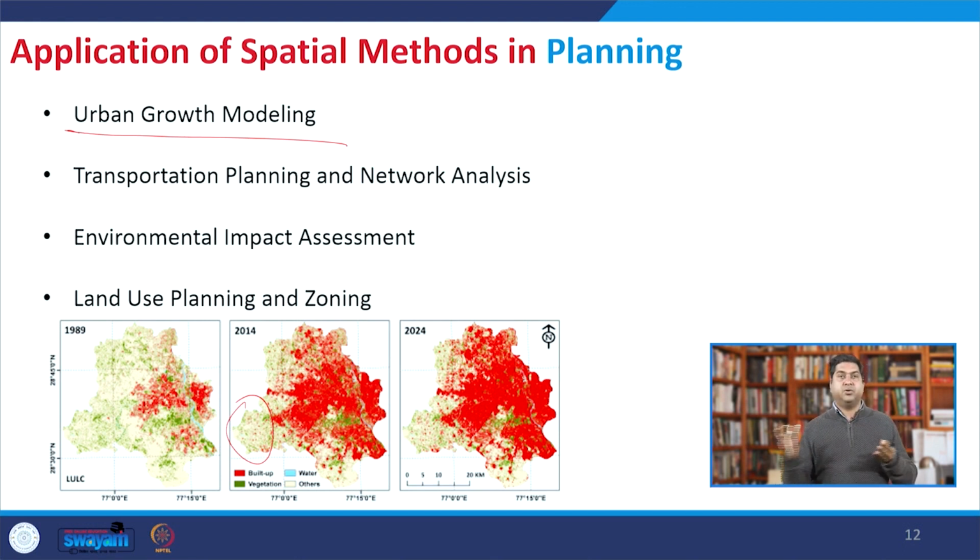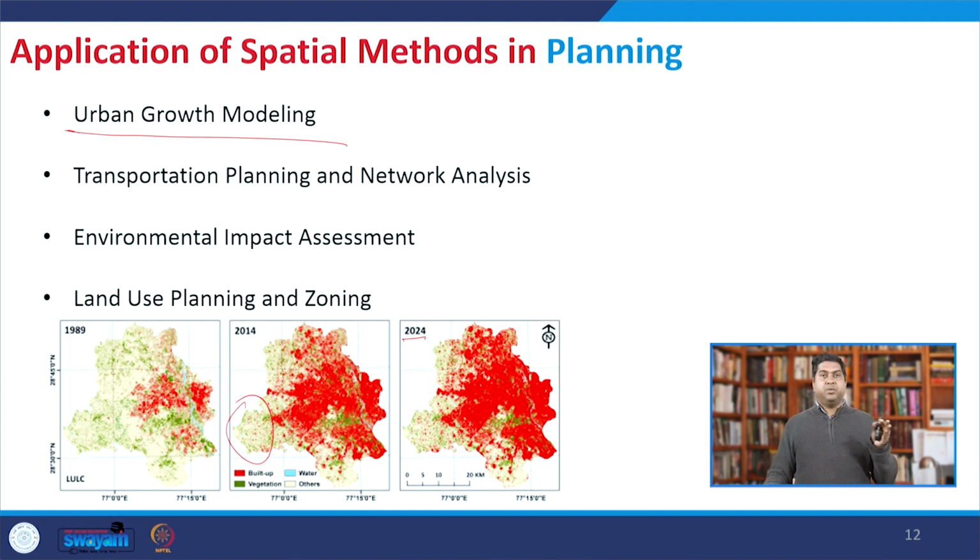Obviously it is the transformation from non built up to built up, so there is a drop in the green vegetation. Now when we compare the same city in 2024, again it has expanded. You can see how dense the red is now looking. Some patches are left, which are some of the parks or reserved areas which are untouched.